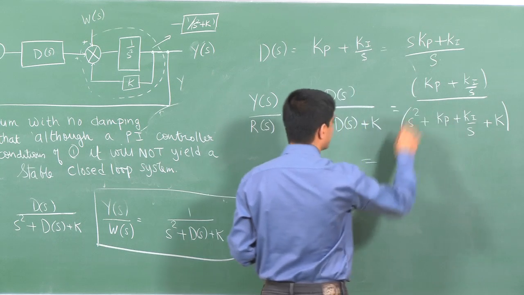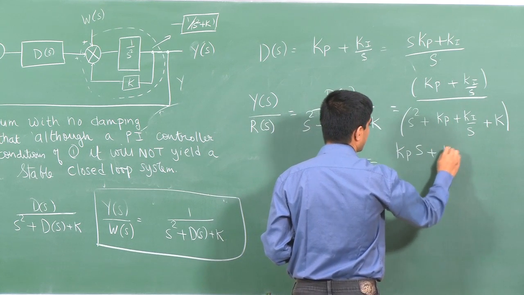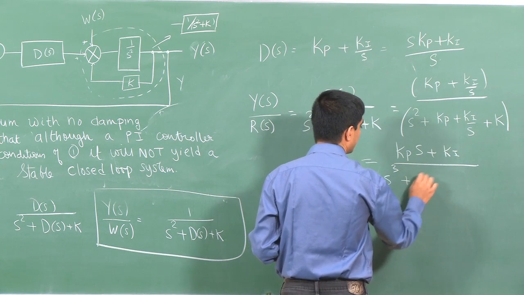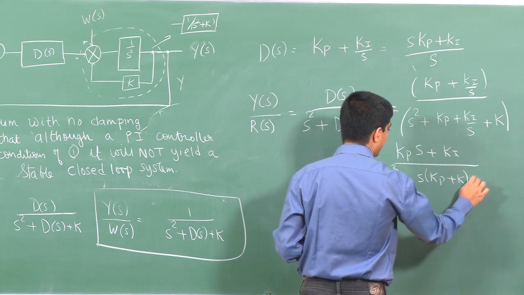I just do all the computations: Kp s plus Ki in the numerator, and in the denominator s cubed plus s (Kp plus k) plus Ki.